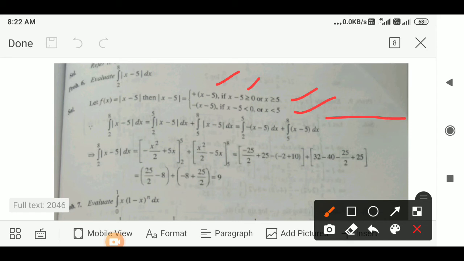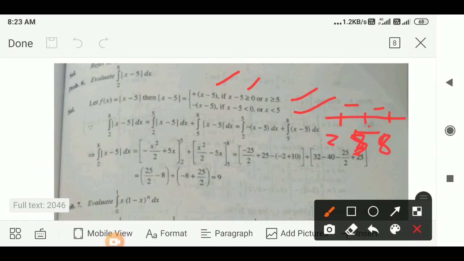Thus we have a number line in which 3 points are there: one is 2, one is 8, and one is 5. So from 2 to 8 we have two intervals, 2 to 5 and 5 to 8.